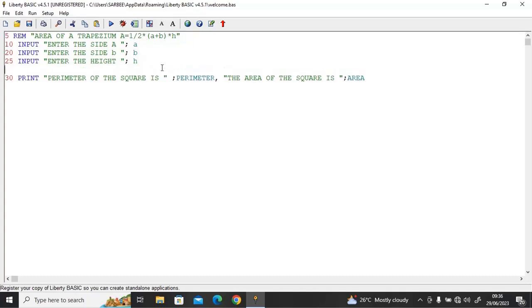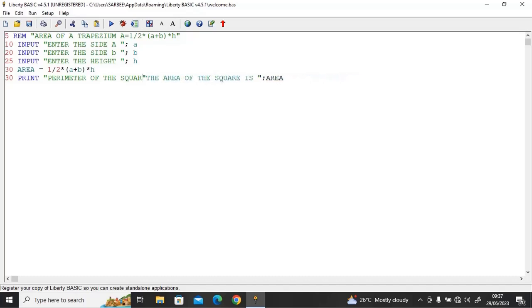So the area now, so you can say 30 area equals, that will be 1/2 times, you open a bracket, A plus B, times H, that is the height. You can see programming is very easy once you know what you are doing. So what I'm going to do is erase all this.